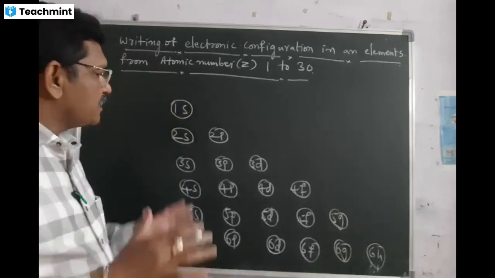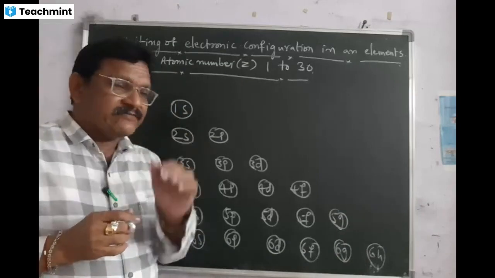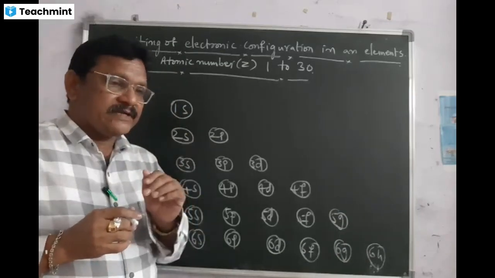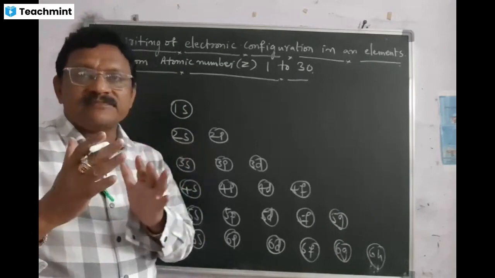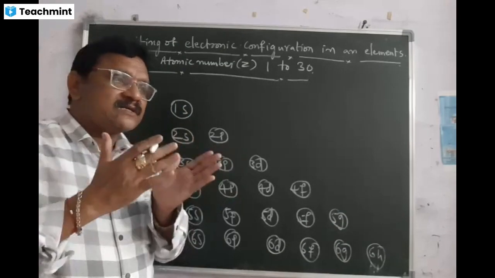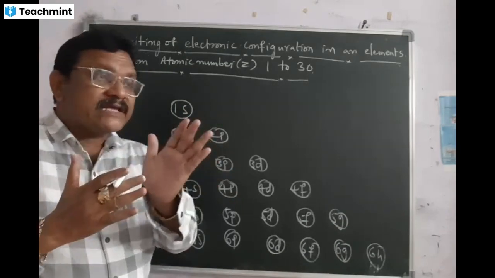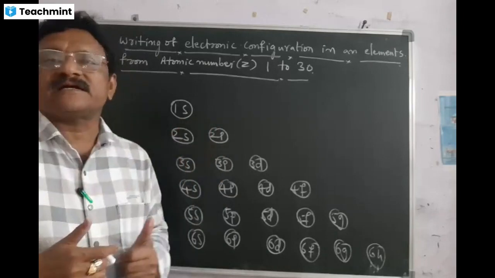Moeller is a scientist. He gave an easy way to identify lower orbitals and higher orbitals. That means he gave a sequential order from lower orbital to higher orbital for filling the electrons.